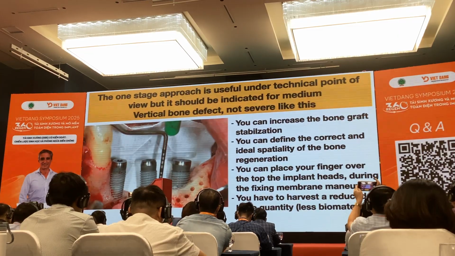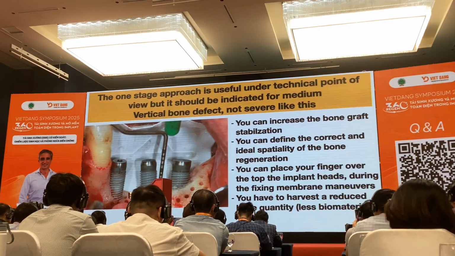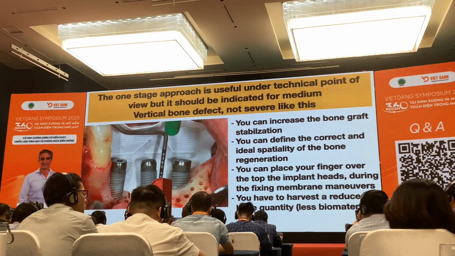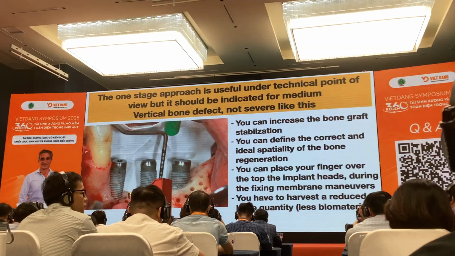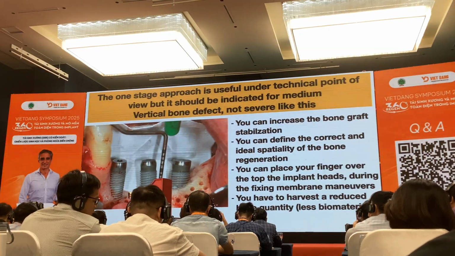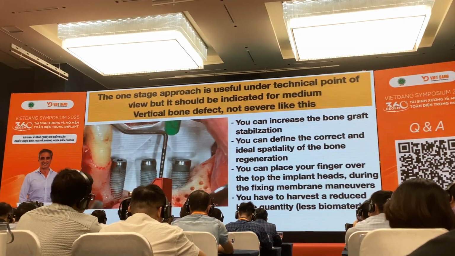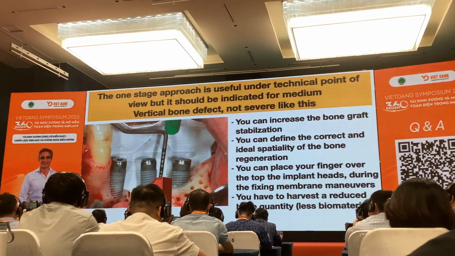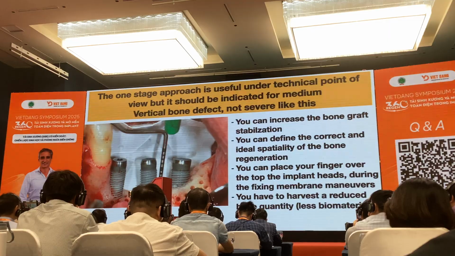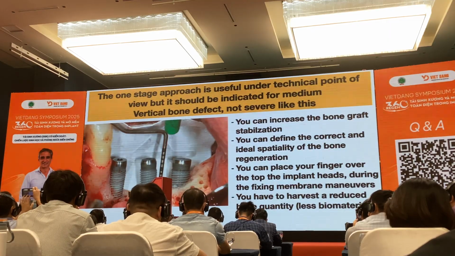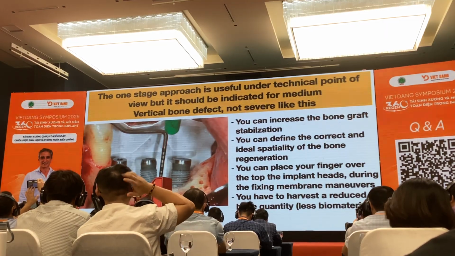Technically, if we place the implants contextually, we have a simpler surgical procedure, because we can increase the bone graft stabilization. The presence of the implants increases the stabilization of the bone. And you know that the key factor of the GBR is the stabilization of the blood flow.